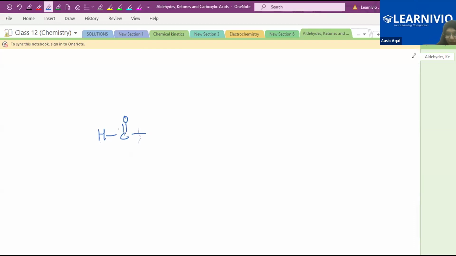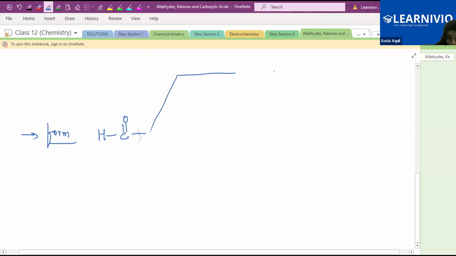This CO, and here if it is hydrogen and there is another group, this is commonly known as form. I will tell you why it is known as form.